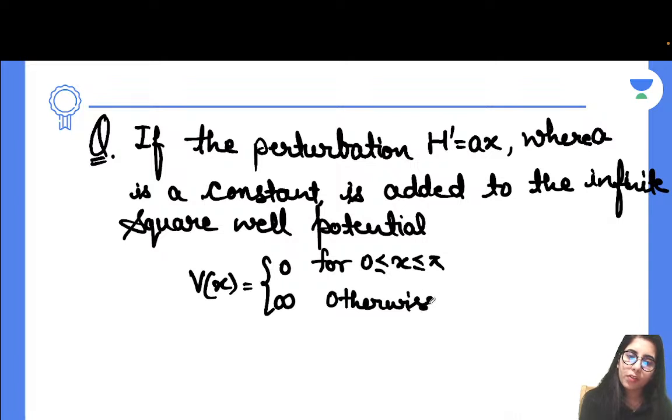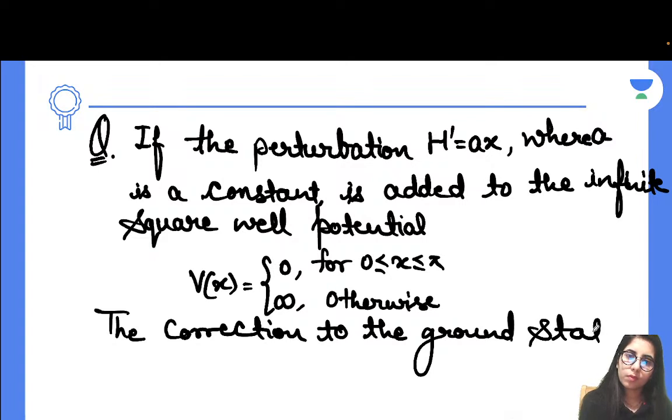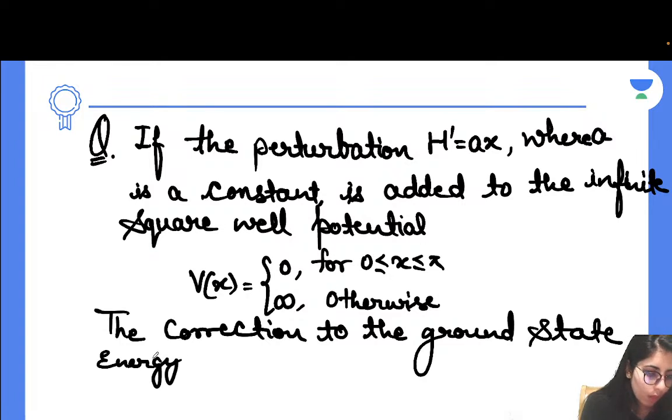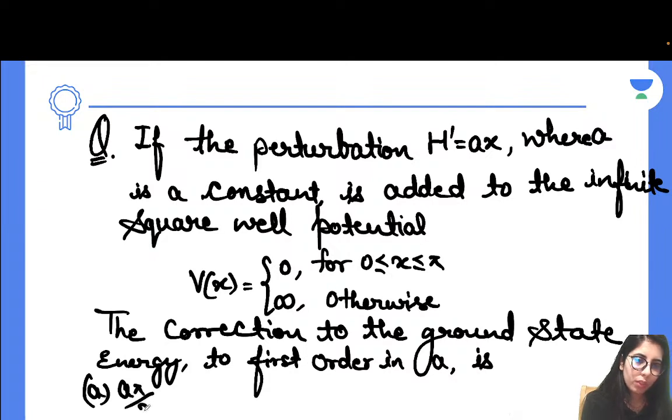It's going to be infinity, right? So in this situation, the correction to the ground state energy to first order in a is... options are A, pi over 2.